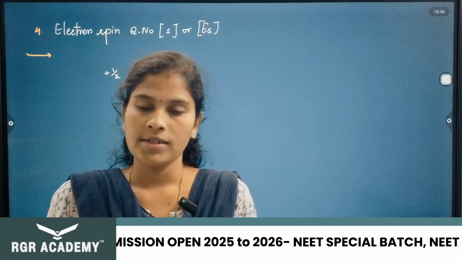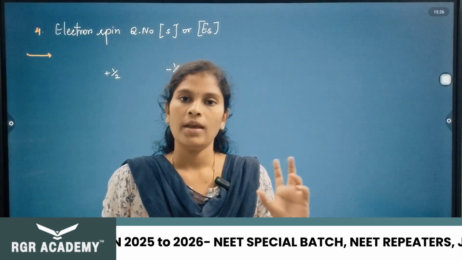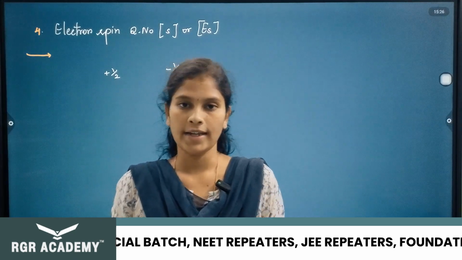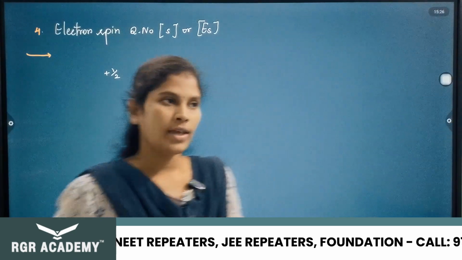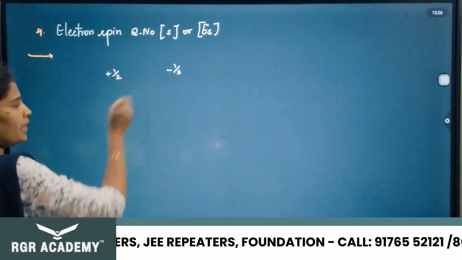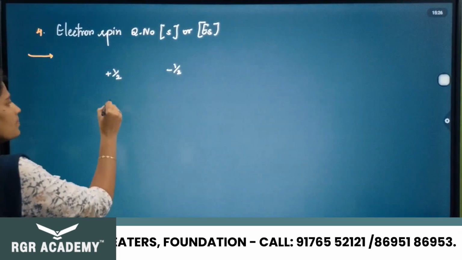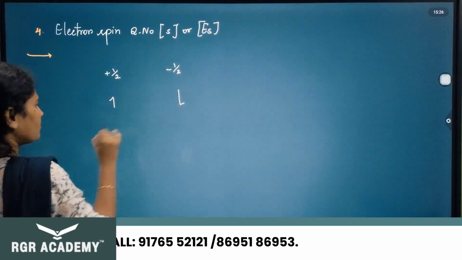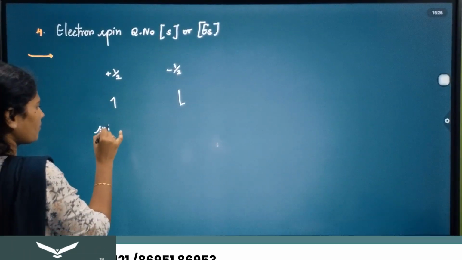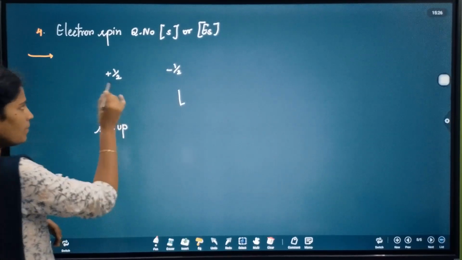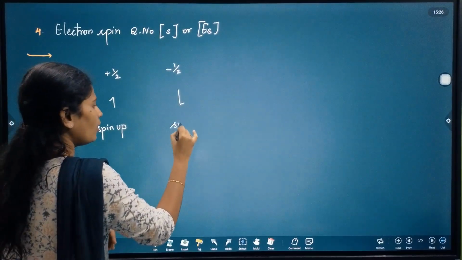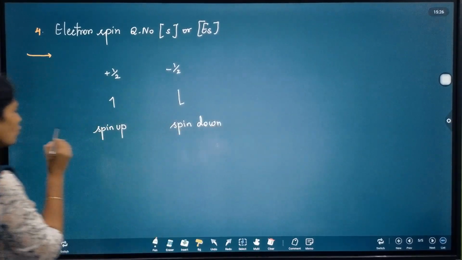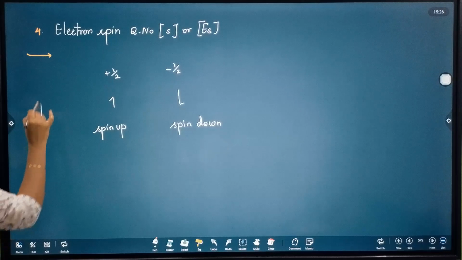If two electrons are present in one orbital, one will be spinning in the clockwise direction and the other in the anti-clockwise direction. In order to mention that, we give the signs plus and minus, opposite. One is spin up, the other spin down. Spin up is represented by +1/2, spin down by -1/2. It's all based on the rotation of the electron on a particular axis.